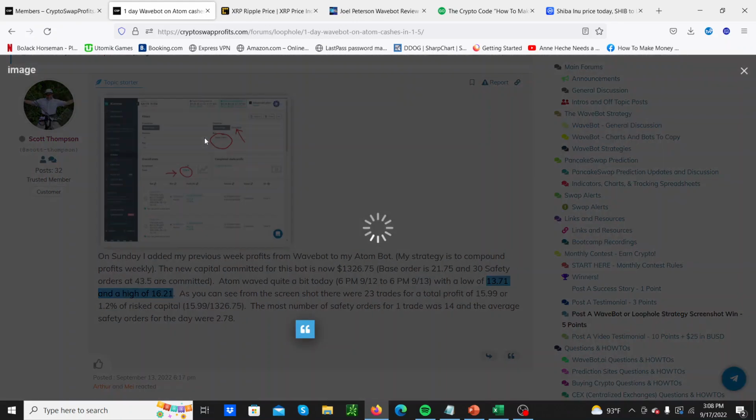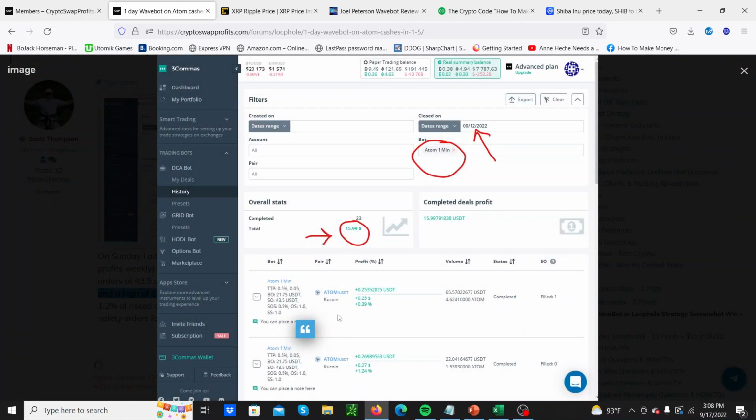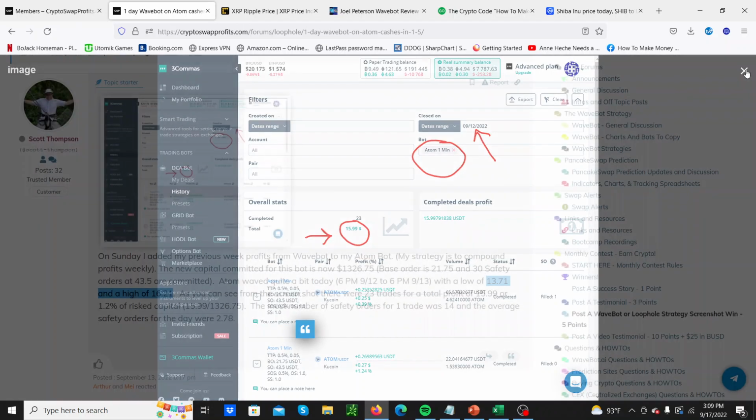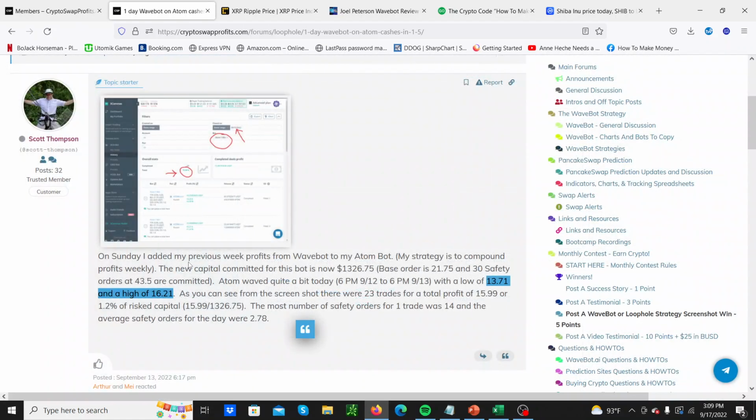And so they've posted their profits here. For the day, I'm trying to see what they actually posted. These are different orders, it's not their total profit. Completed deal profit, $15.99. I think that's in a day, right? Let's see what they had to say. Profit in my Atom bot.